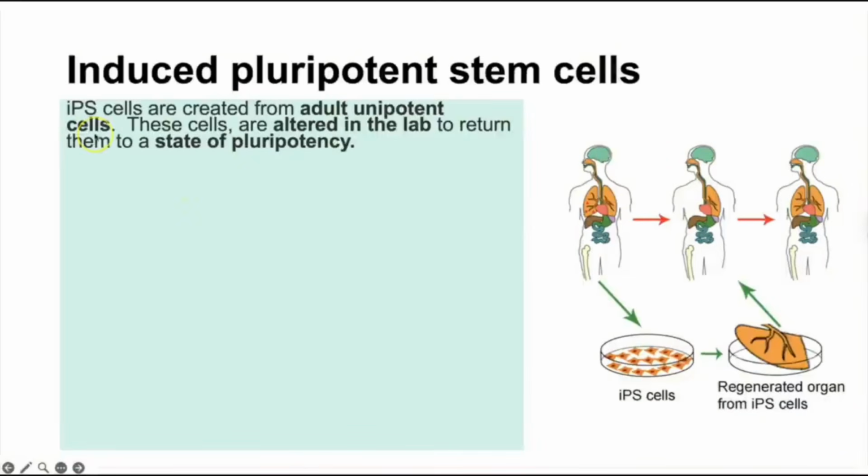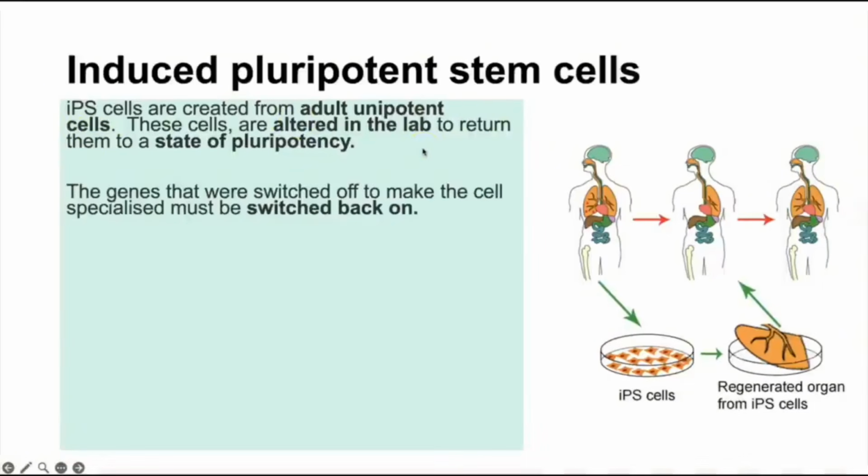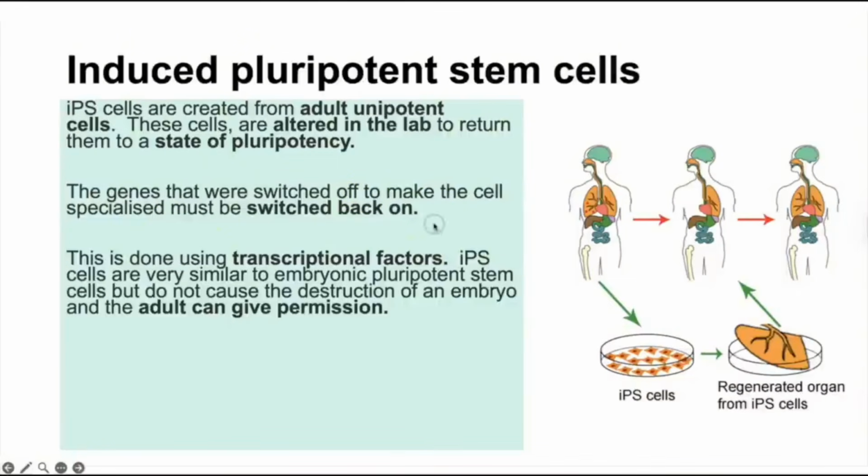So the way this is done, the iPS cells are created from the adult unipotent cells. These are altered in the lab to return them to that state of pluripotency. The genes that were switched off, which means those genes could not be transcribed, are now able to be transcribed again.